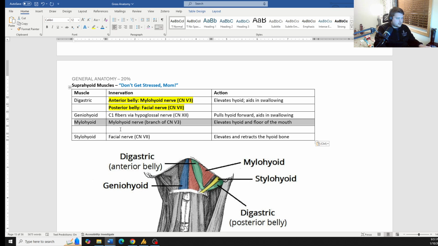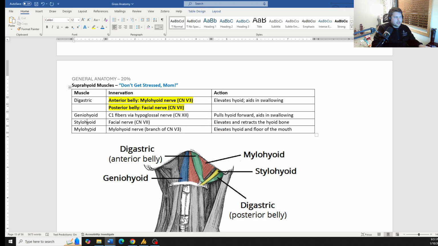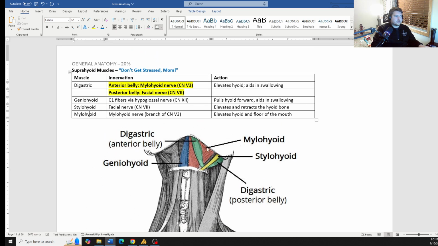Don't get stressed, mom. There we go. Don't get stressed, mom. Those are the suprahyoid muscles, the ones above.